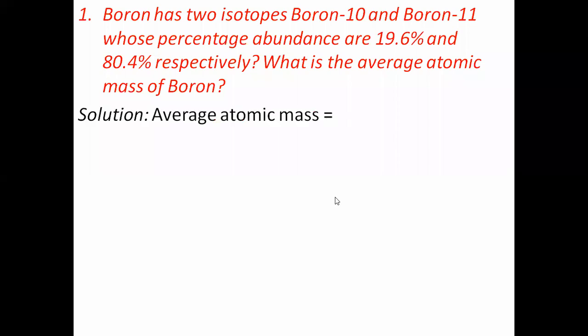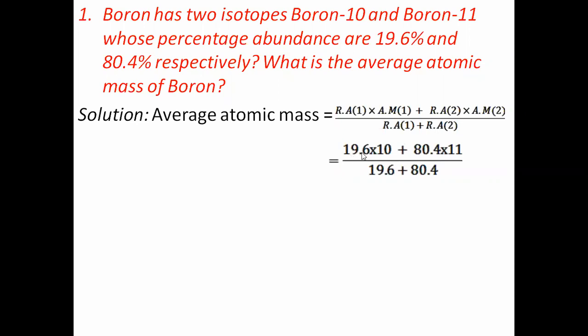So what is average atomic mass? Average atomic mass is nothing but the relative abundance of the first isotope into the atomic mass of that first isotope, plus the relative abundance of the second isotope multiplied by the atomic mass of the second isotope, divided by the total relative abundance. So when we say relative abundance of the first isotope, we mean boron 10 or boron 11, whichever we take, you have to take the atomic mass of that same atom.